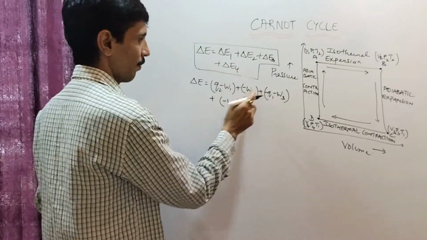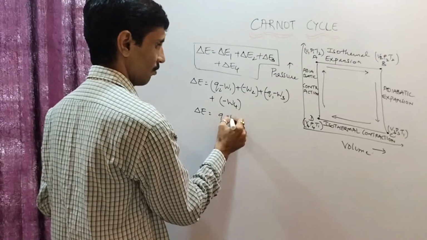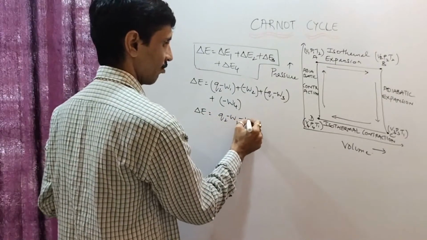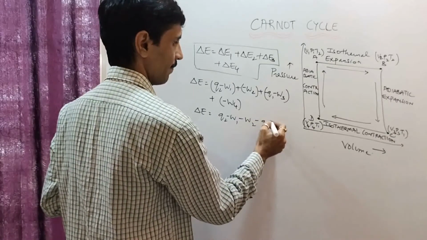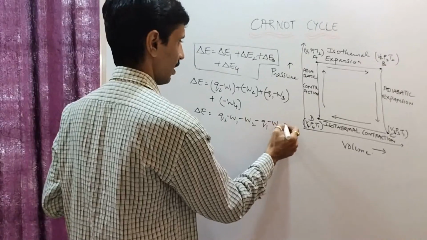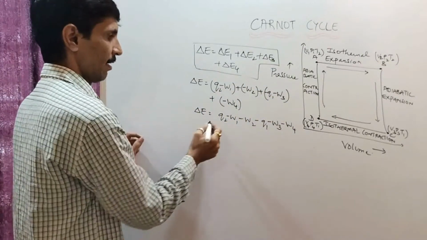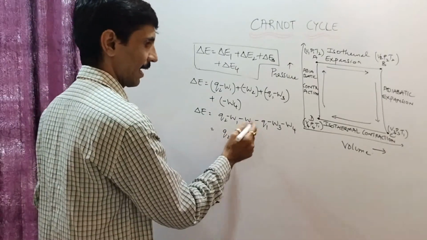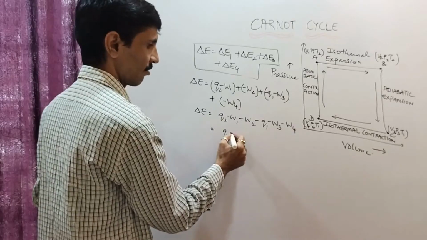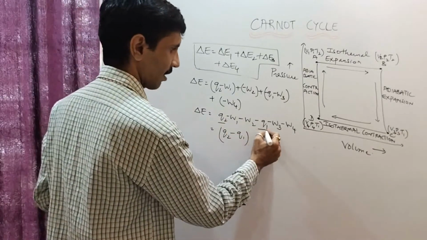Now what we'll do is open up the brackets. So we have delta E is equal to Q2 minus W1 minus W2 minus Q1 minus W3 minus W4. Okay, this is what we get. So what I do is I take the Q terms together and I take the work terms together. So I have Q2 minus Q1, that is this and this.